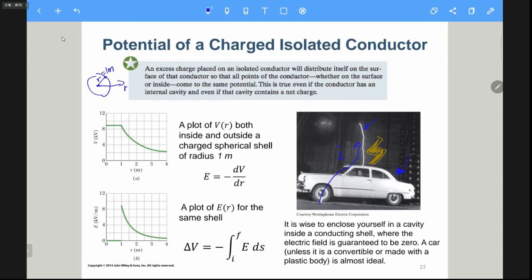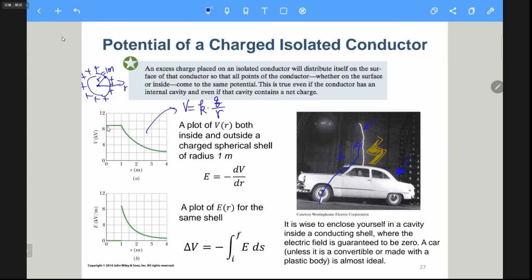If it has some excess charge distributed here, then the electric potential is inversely proportional to the distance, because you have learned that V equals K times Q over R. But inside the cavity, inside the conductor, the electric potential will stay the same.